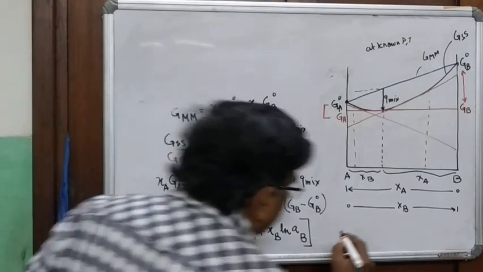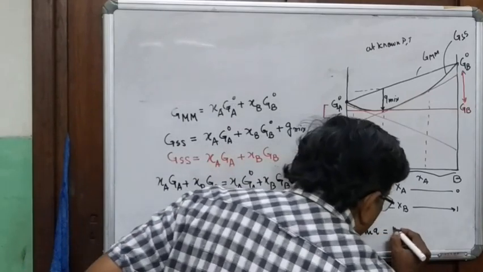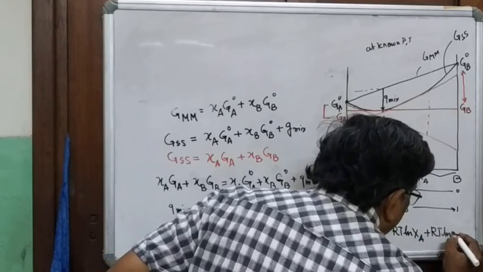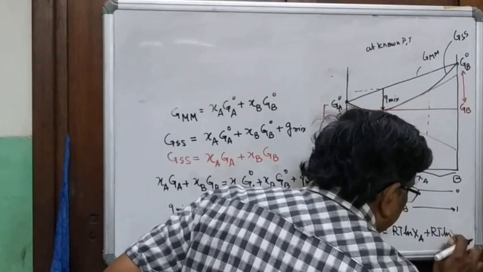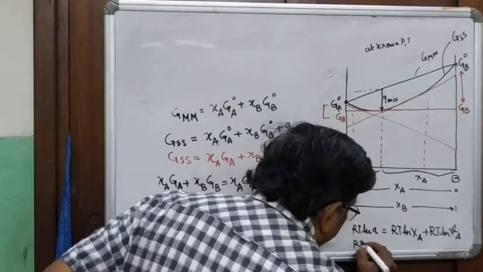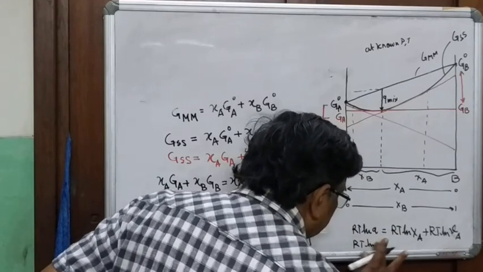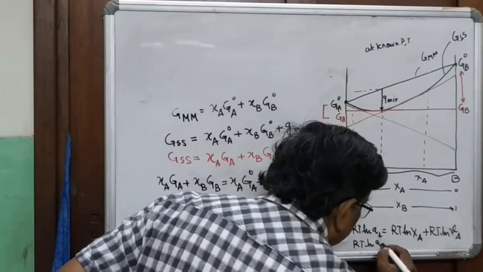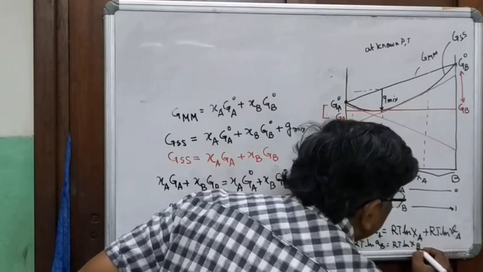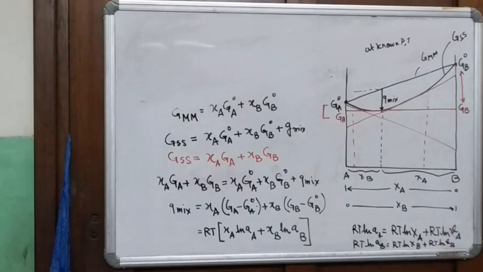We know that RT ln activity A is equal to RT ln XA plus RT ln gamma A. Similarly, RT ln activity B is equal to RT ln XB plus RT ln gamma B. We know this.